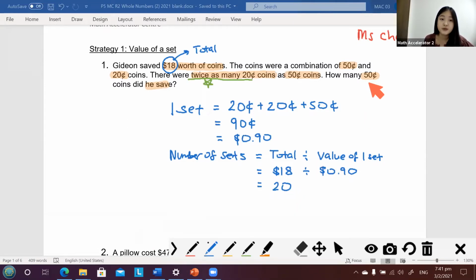Now we need to find out how many 50-cent coins he saved. So under 50 cents, we can do a small working at the side. In one set, you go back to your working, one set we have one 50-cent coin. So how about 20 sets?